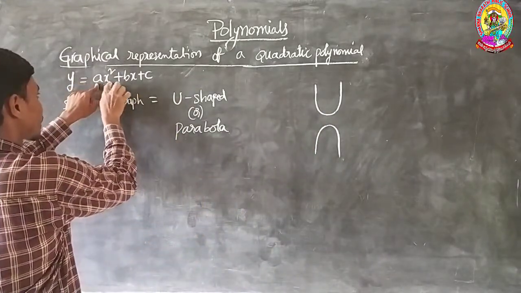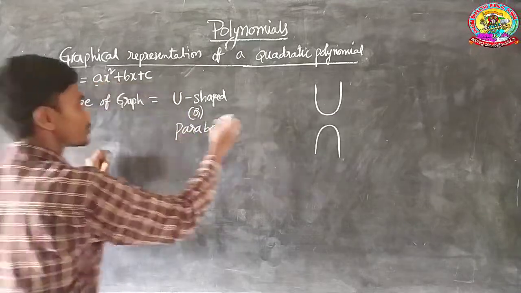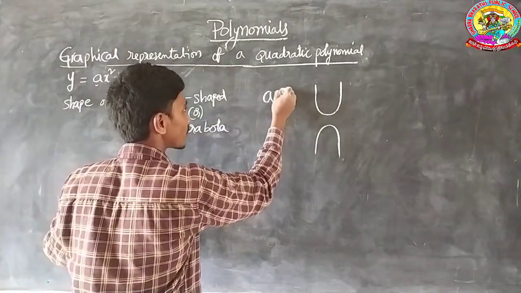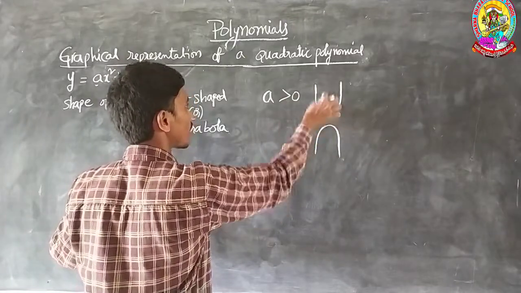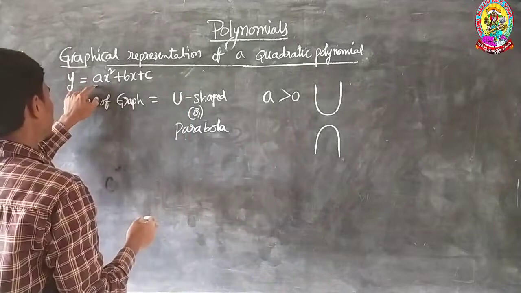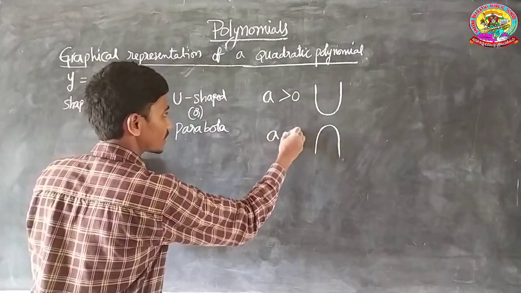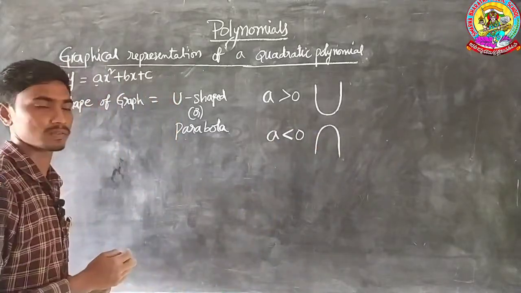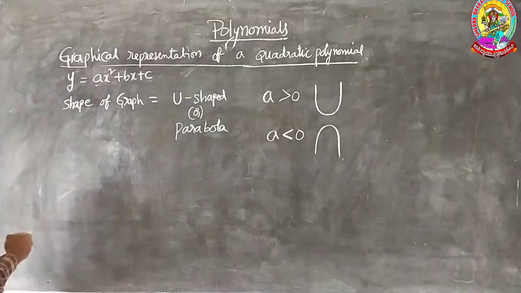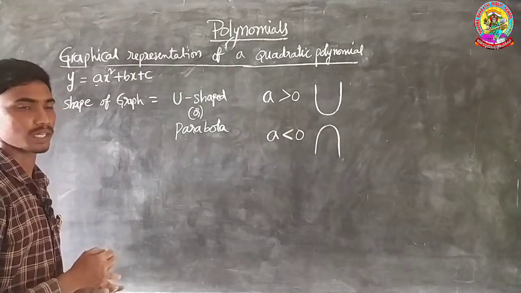Here in ax square plus bx plus c, if the coefficient a is greater than 0, the graph is an open curve with upward facing. If a is less than 0, the graph is a downward curve. How can we find the solution of this quadratic polynomial by using the graph?